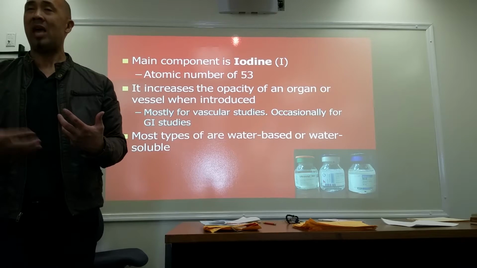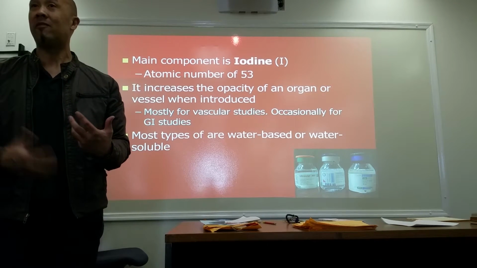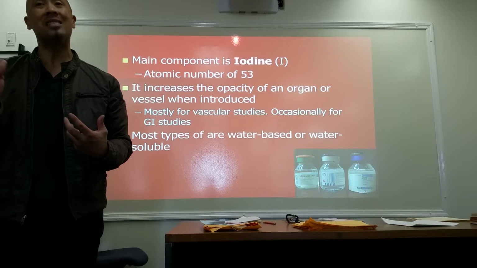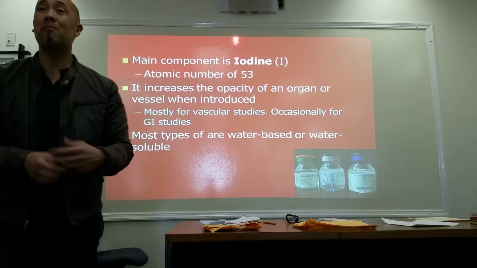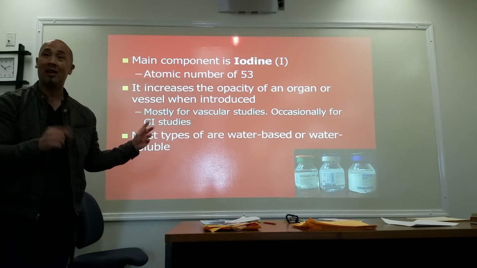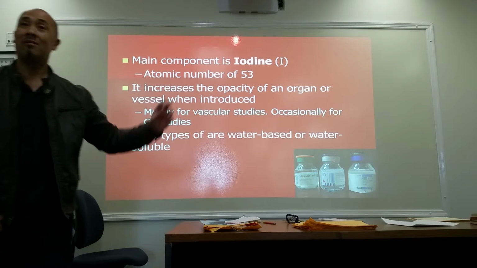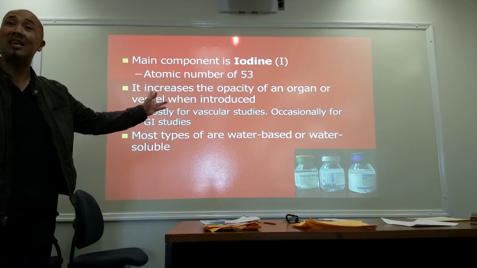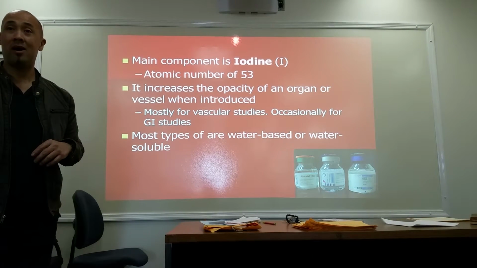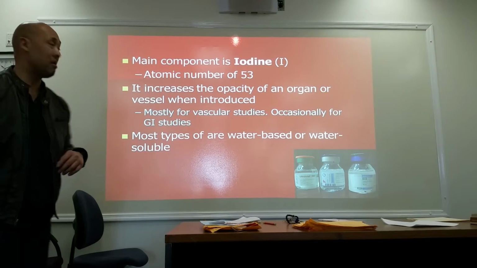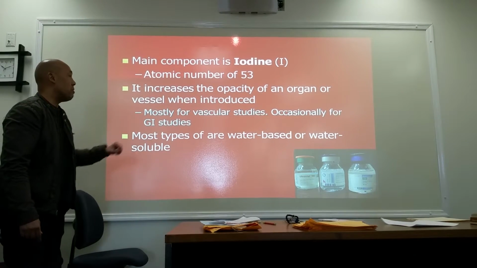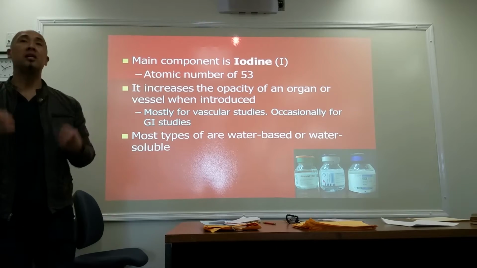So we have to evacuate it. We have to get rid of it. Isn't iodine a metal too, though? Iodine is a type of metal, yes. But not like barium. Barium is not absorbable. Iodine, although metallic, is absorbable through your body. So most types are water-based or water-soluble, meaning that your body is going to absorb it.